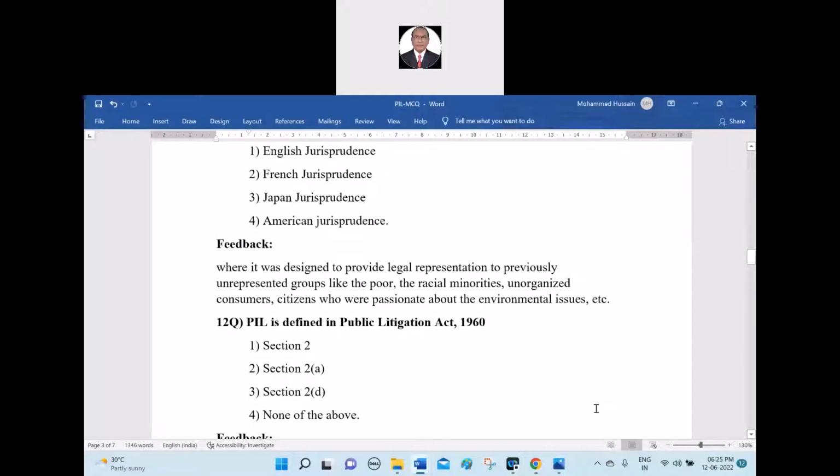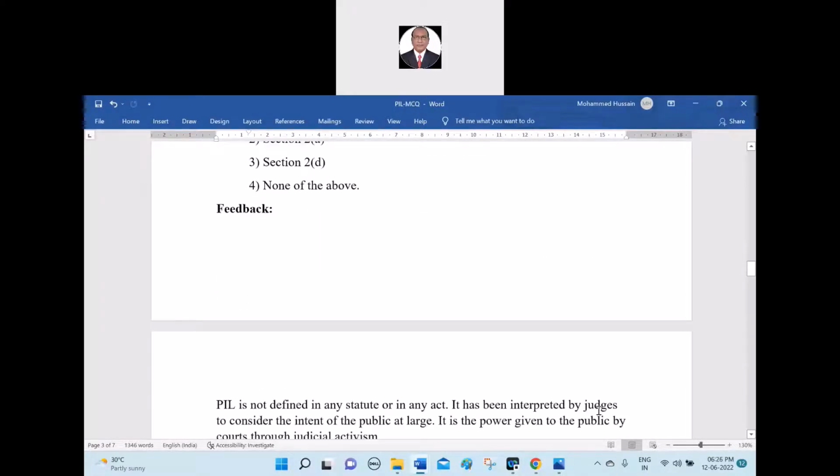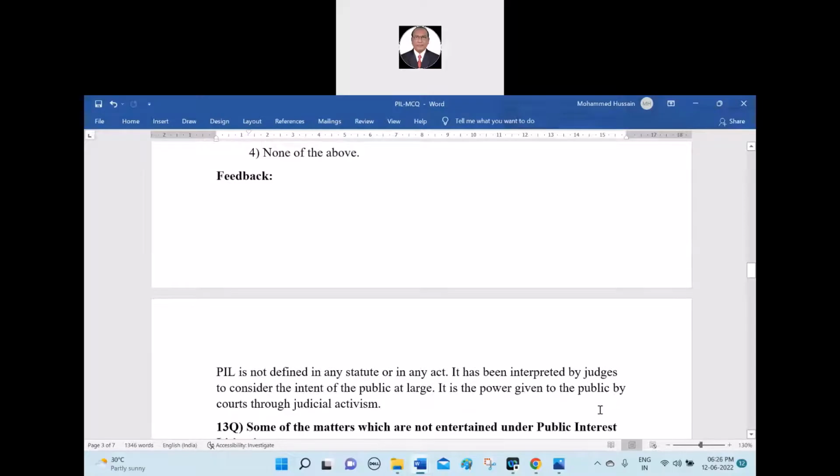But the feedback is: PIL is not defined in any statute or any act. It has been interpreted by judges to consider the intent of the public at large. It is the power given to the public by courts through judicial activism.